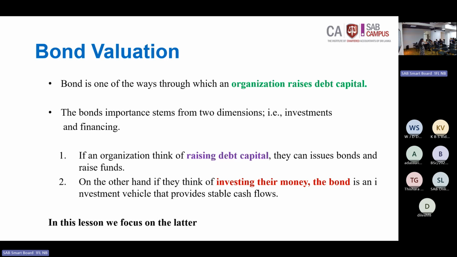So therefore, this may include two perspectives: the investing perspective, and the other one, the financing perspective, right? Valuation. So then we'll discuss the latter part, which is identified under the investment activities, right? If we are going to invest in other companies' bonds, how can we value the bonds?